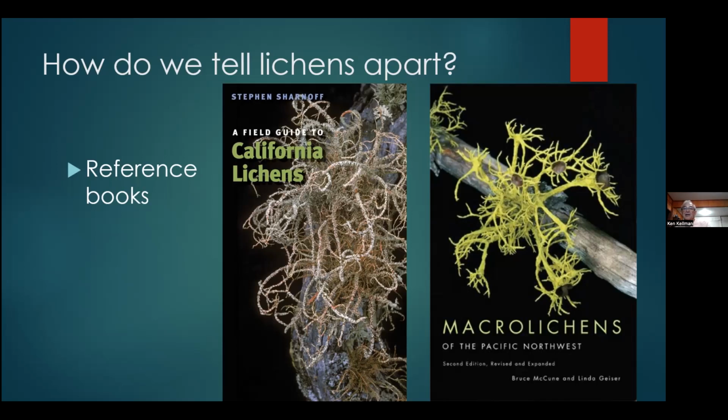It has keys and good descriptions and sometimes line drawings that help separate two close lichens. So those books are both in my library. I have other books for the crustose lichens, and you can spend a lot of money on books if you want to, but these two are the place you would start.